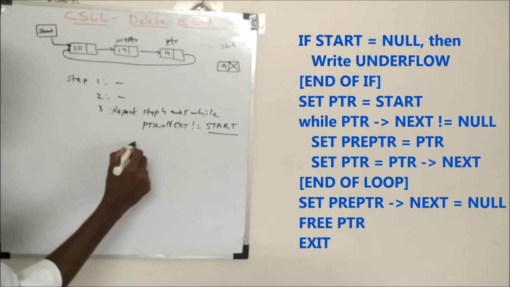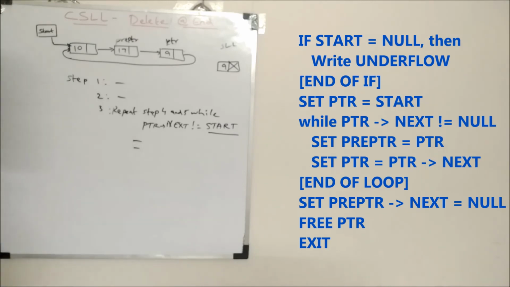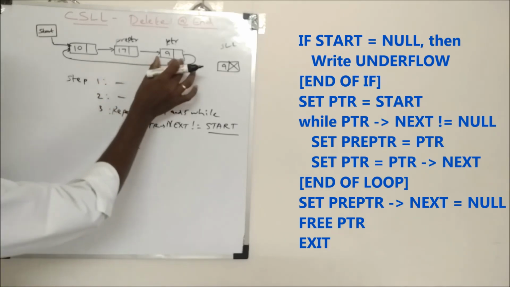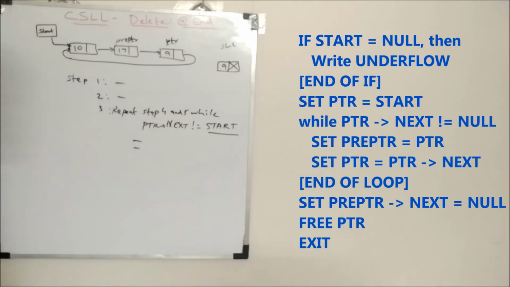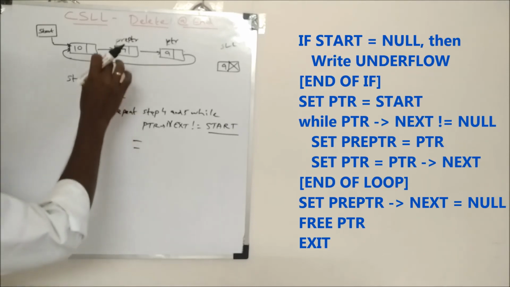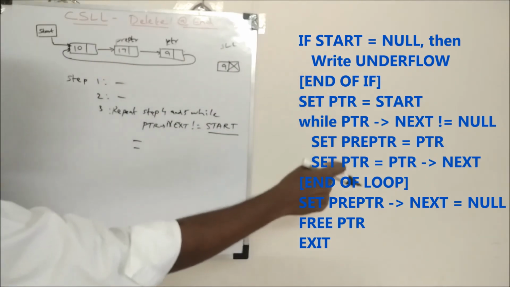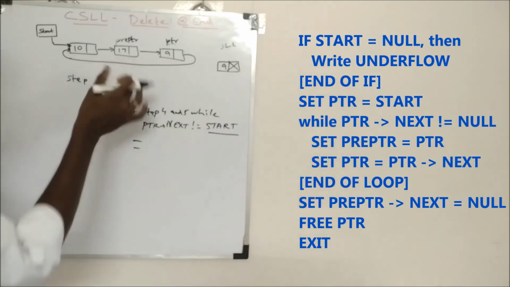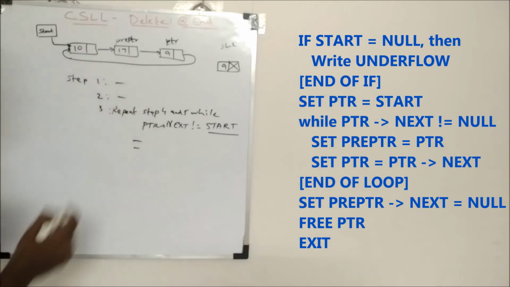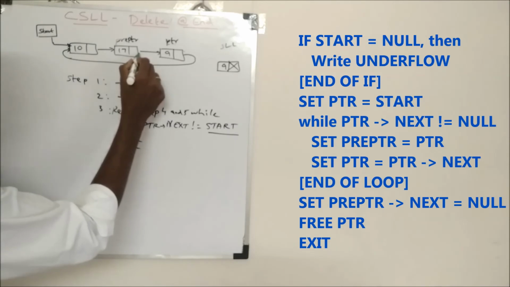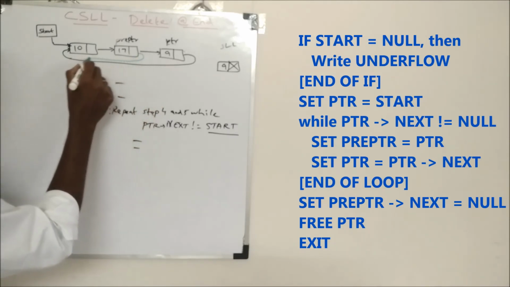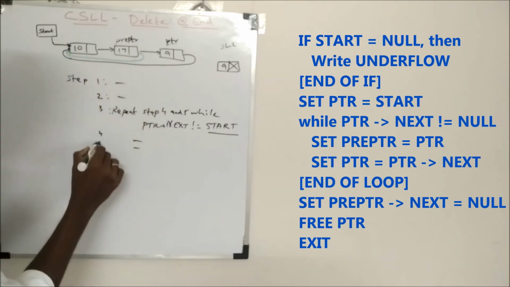Then within the while loop the two statements are the same. Now we identify this is PTR, this is pre-PTR. Now what do we have to do? In singly linked list, pre-PTR's next is equal to null. In circular linked list, what should pre-PTR's next be? It should be start.